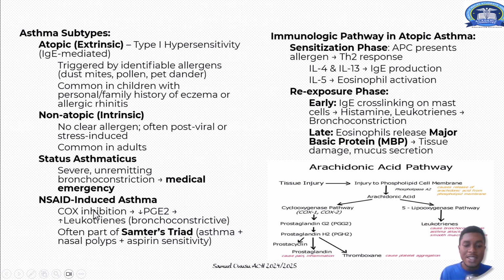Then we have NSAID-induced asthma. So when we talk about NSAID, let's talk about pain. We have what we call the arachidonic pathway from your pathology. Now, the cell membranes contain phospholipids. Now, there is an enzyme called phospholipase A2 which will break down the phospholipids of the cell membrane into arachidonic acid. Now, this arachidonic acid is acted on by two enzymes.